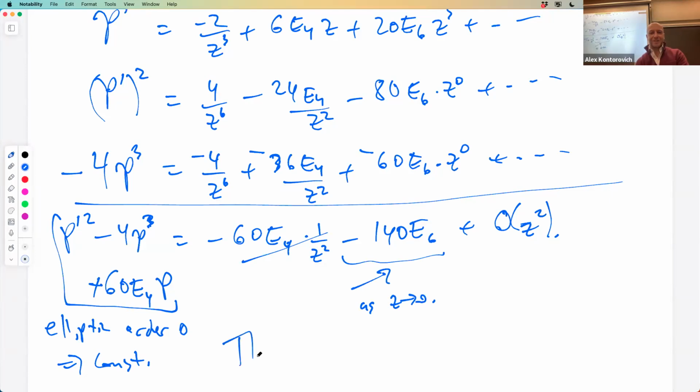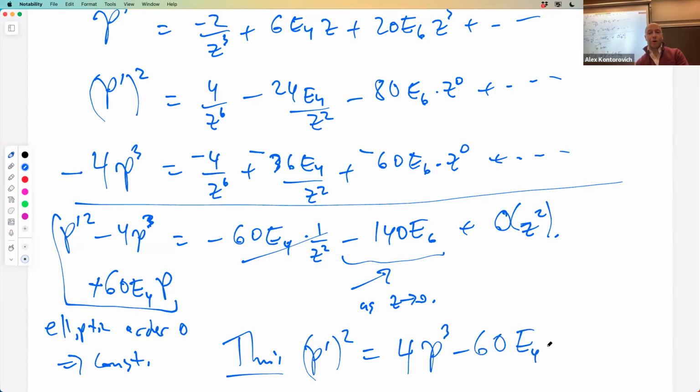So what we've proved is a kind of interesting theorem. P prime squared is equal to 4 p cubed minus 60 E4 p minus 140 E6.